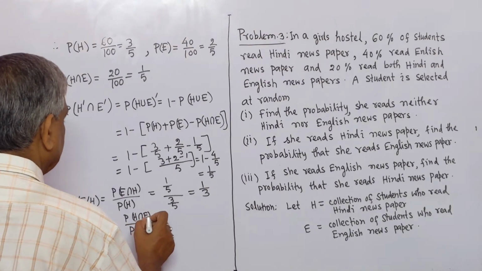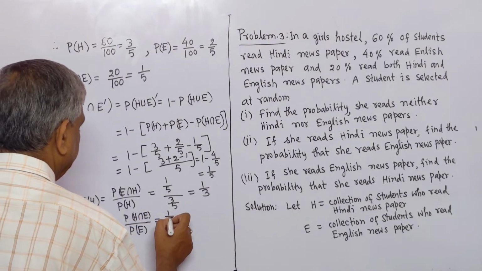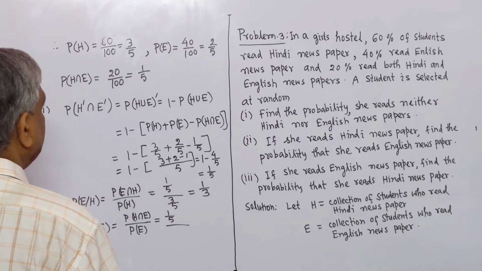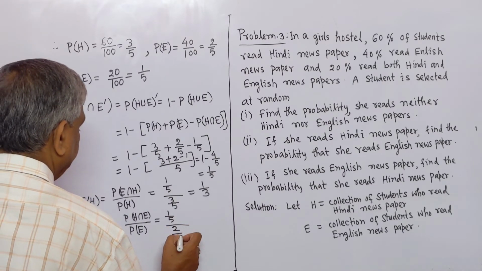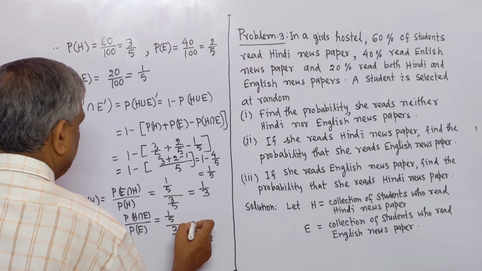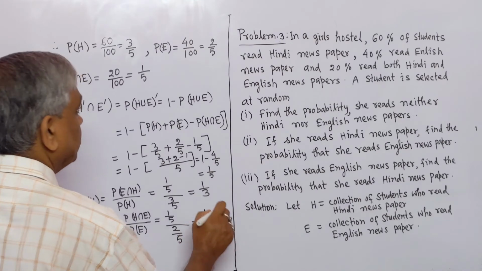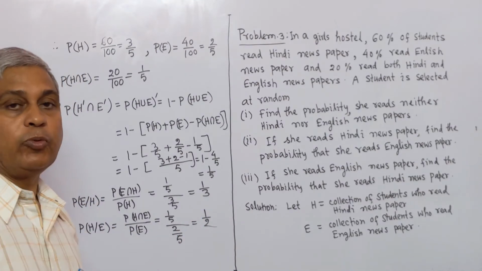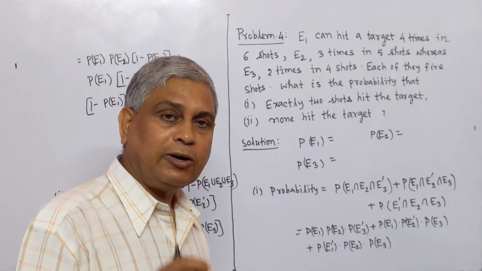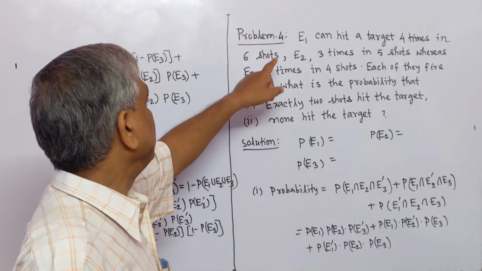P(H intersect E) equals 1 by 5 and P(E) is 2 by 5. And this is equal to 1 by 2. So our problem is solved. Now we solve the next problem.